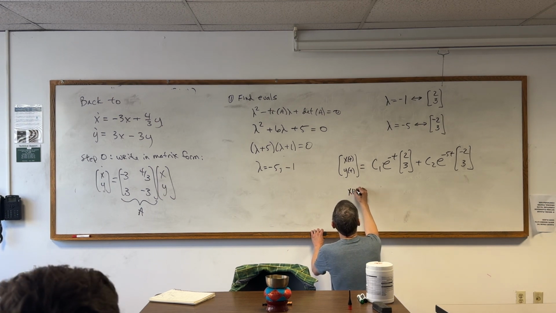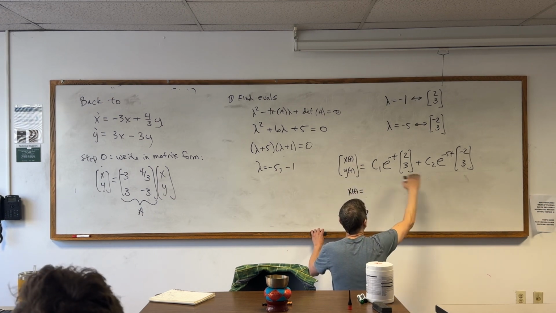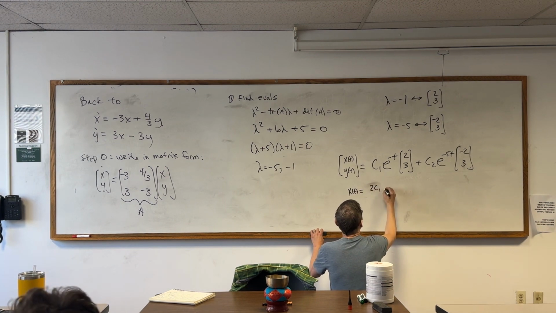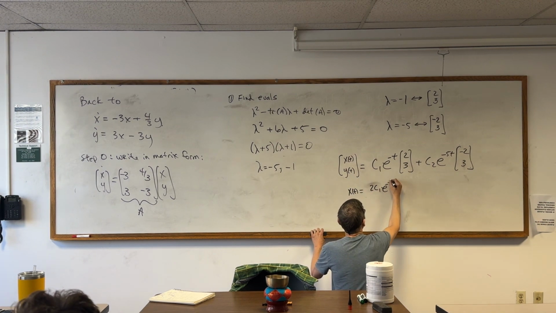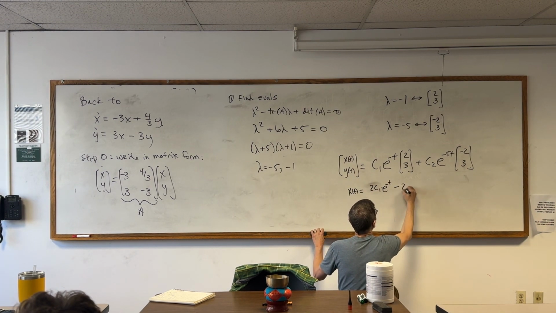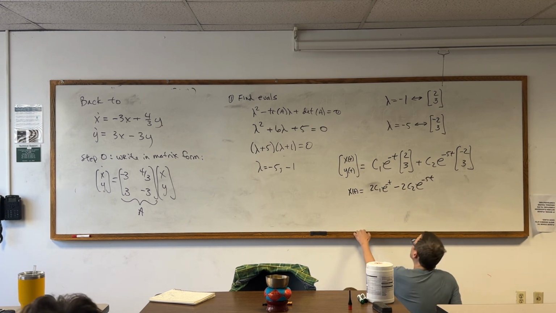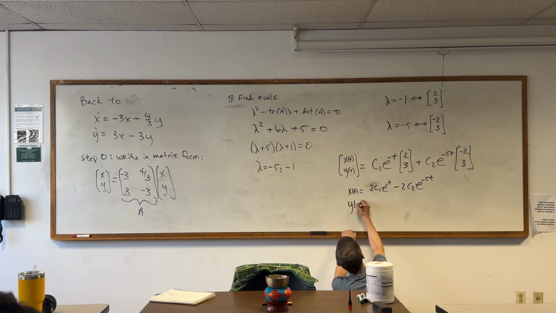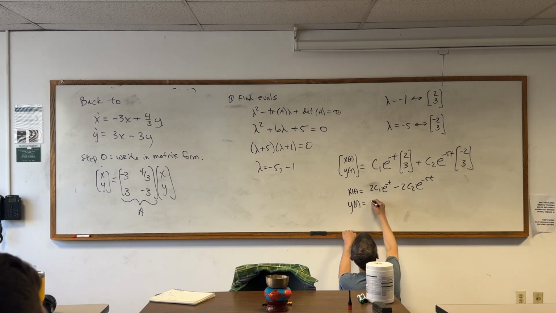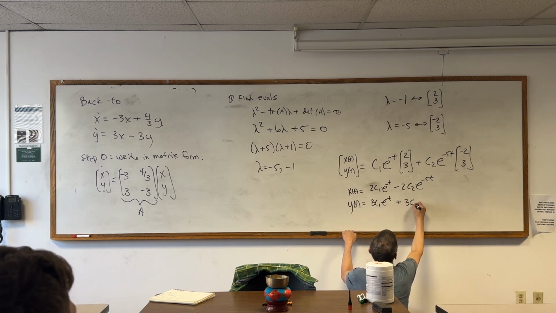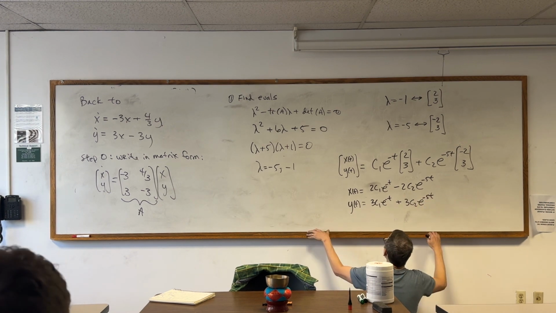It just means two different equations, row separated. So this one's going to be 2c1 e to the negative t minus 2c2 e to the negative 5t, just grabbing the x components. And then the y concentration is governed by 3c1 e to the negative t plus 3c2 e to the negative 5t.